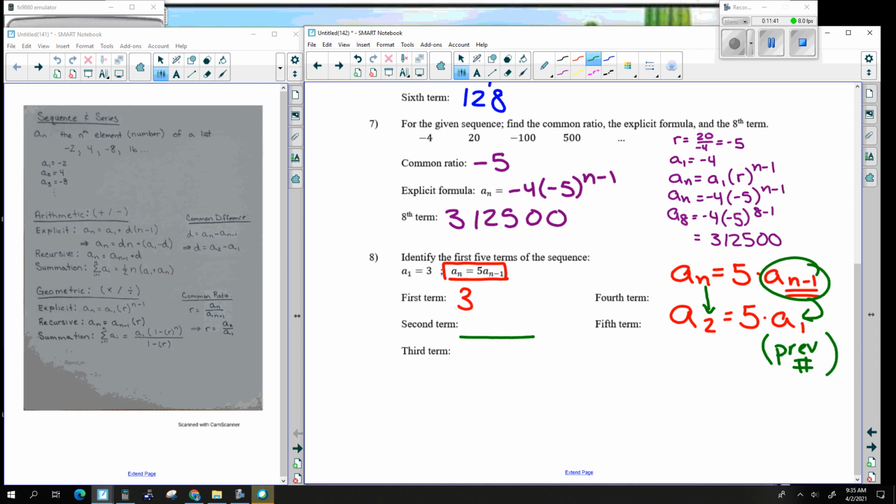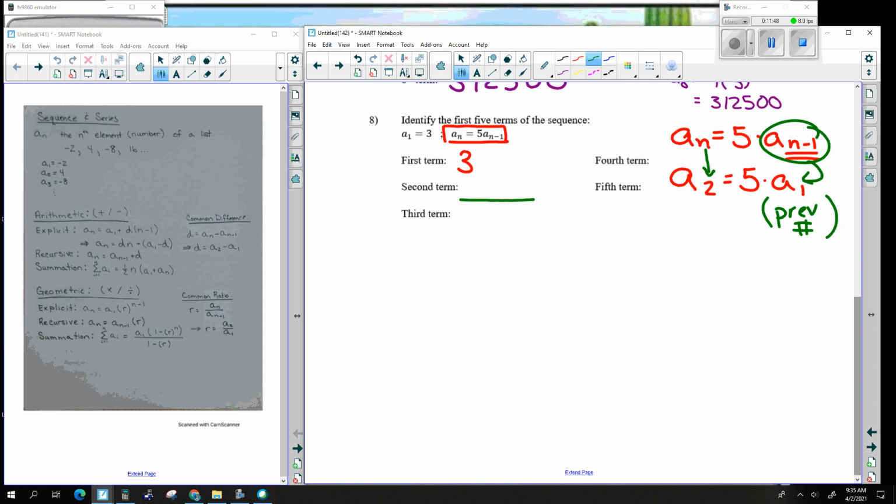If I'm looking for the second number, I'm going to take 5 times the first number. That's in essence what the recursive formula is. So the second number would be 5 times 3.